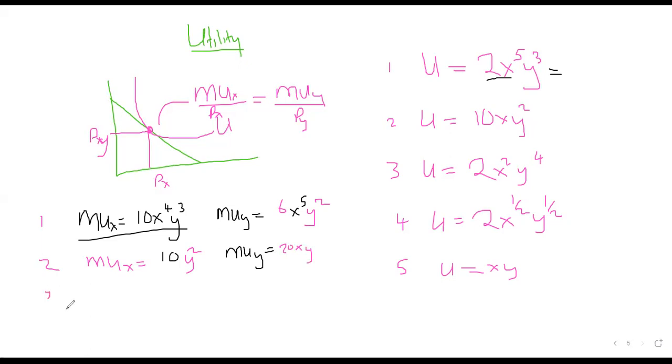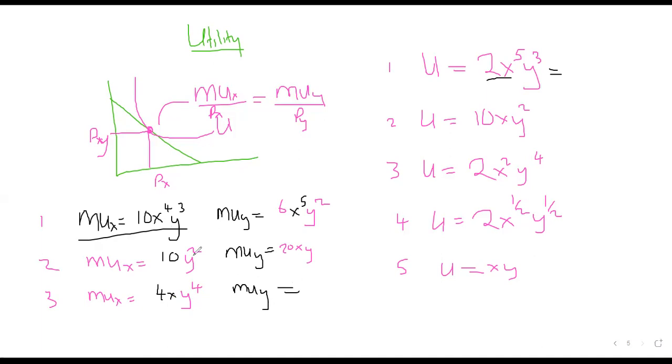I'm glad you're following, especially those who were in my class yesterday. Then here, our marginal utility of x. Which one is our dummy? y^4. And what are we differentiating? 2x^2, which is what? 4x. How about marginal utility of y?